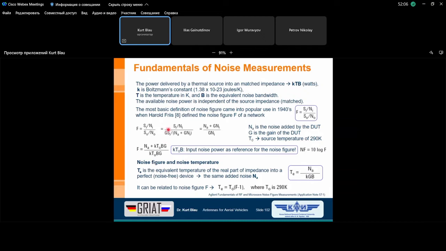S_i is our input signal power, and this is now divided by not only the input noise power amplified by G, which is what we expected, this is G multiplied by the input noise power. But here we have a so-called N added, or N additional.